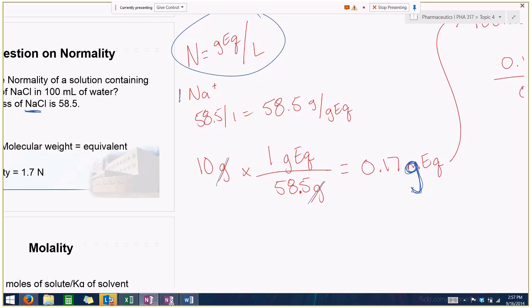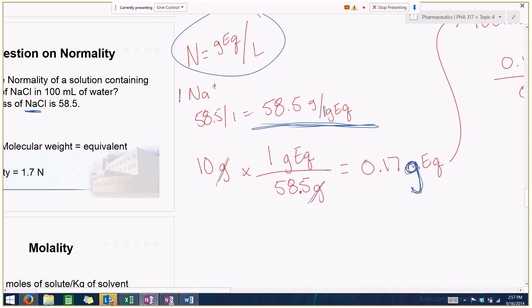No, I think no, because up here I got my total of 58.5 grams in 1 gram equivalent. So I used it down here to figure out how many gram equivalents are in 10 grams of sodium chloride. So I calculated that. Does my calculation seem confusing? No, yeah, I got it.